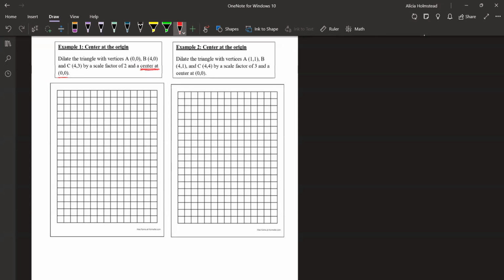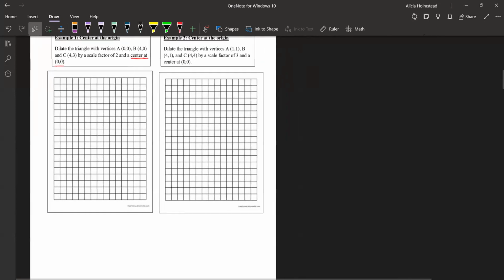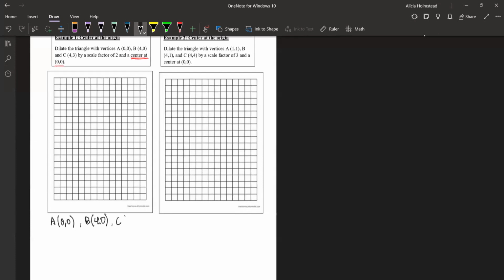So, okay, let's summarize what we have here. I hope that this isn't too small, but we've got A at 0, 0, B at 4, 0, and C at 4, 3. So let's go ahead and graph those points. I'm going to draw the X and the Y axis right here. So those represent our X and Y axis.